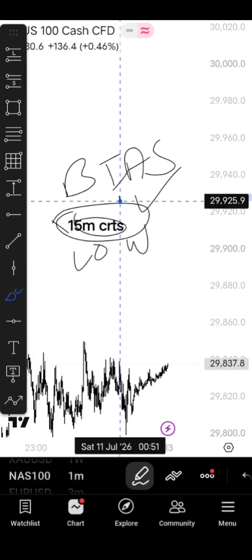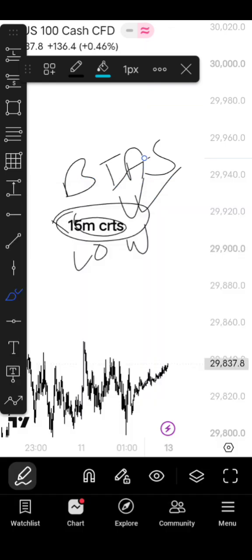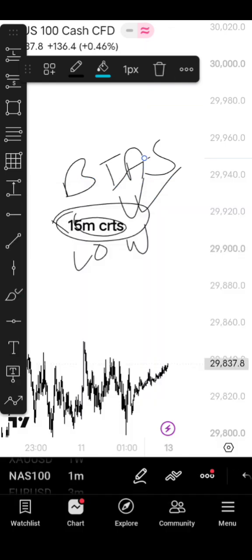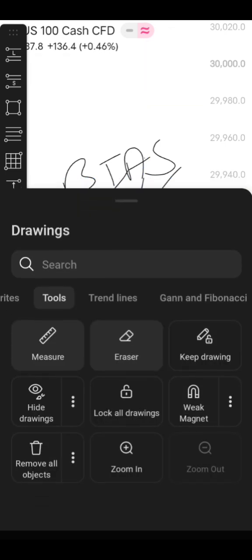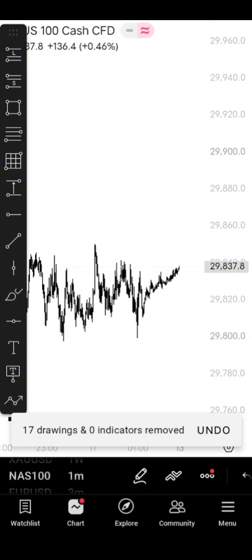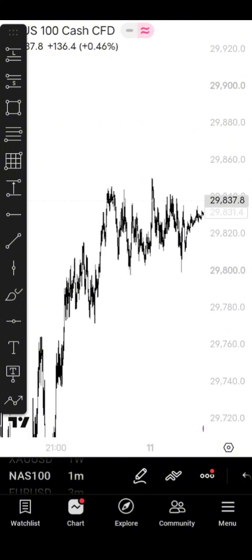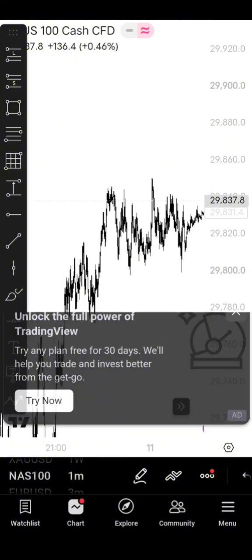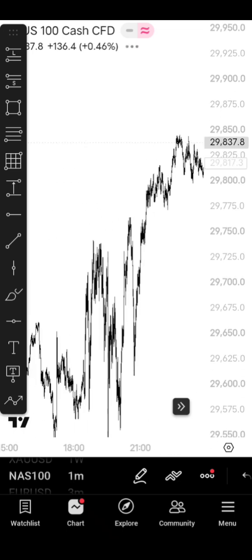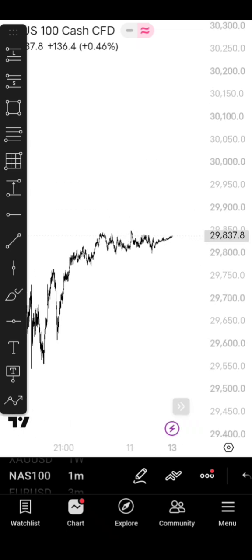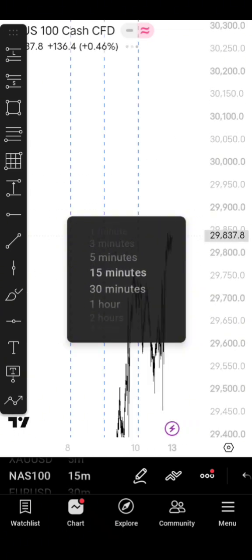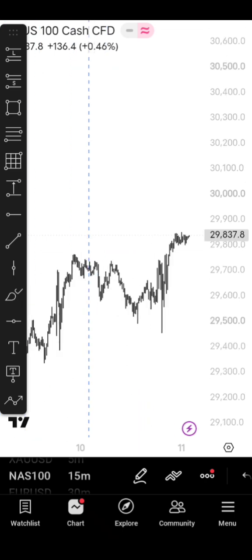So we will just trade the 15-minute CRTs. Later in the video I will discuss when a CRT will fail, so we will know when not to trade that CRT. For example, I will show you real examples which happened yesterday.